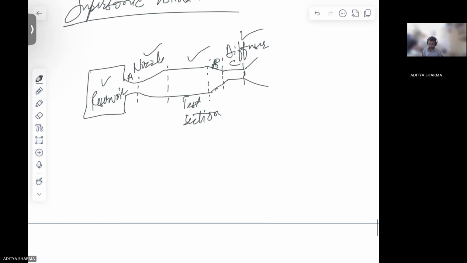Then you have this as throat 1 and this as throat 2. Okay, two throats are there. One throat is related to your nozzle, one throat is related to your diffuser, right?